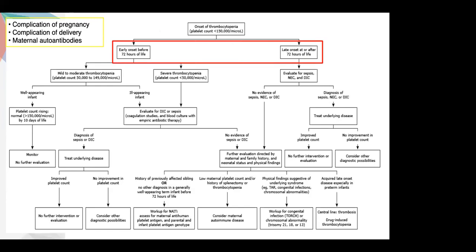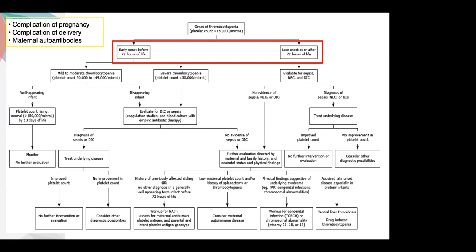The reason they divided according to early onset and late onset is that in early onset, the most typical causes are complications of pregnancy, like placental insufficiency, or complications of delivery itself, like perinatal asphyxia. Another could be maternal autoantibodies, like NAIT or autoimmune thrombocytopenia that I mentioned previously, and I'll go deeper after this.